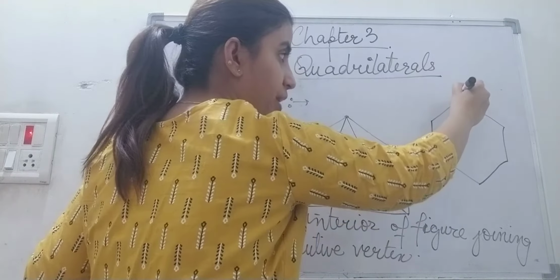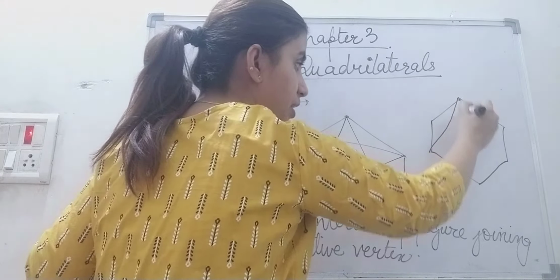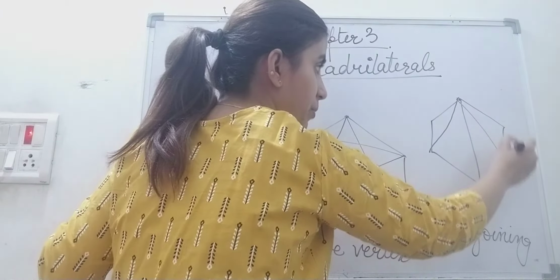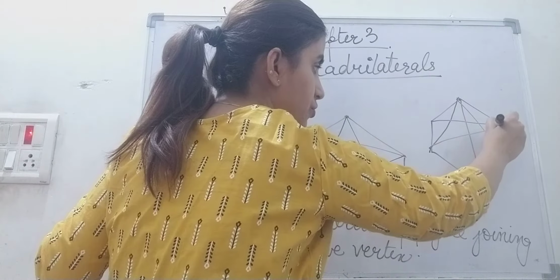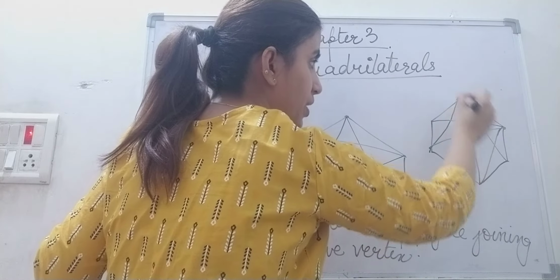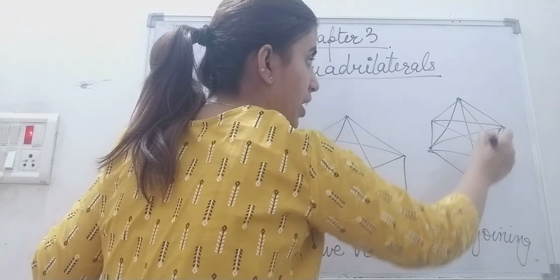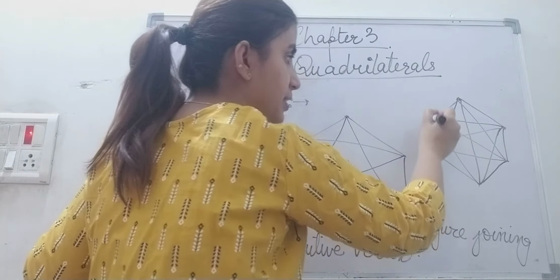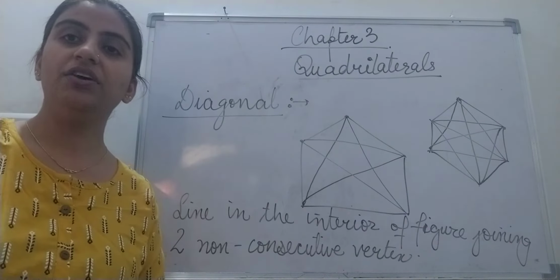So here is a point. Consecutive will remain, non-consecutive: 1, 2, 3. From here also 1, 2, 3. From here also 1 is already done, 2, 3. From here also 1, 2 and 3. So these all lines are called diagonals of a figure.